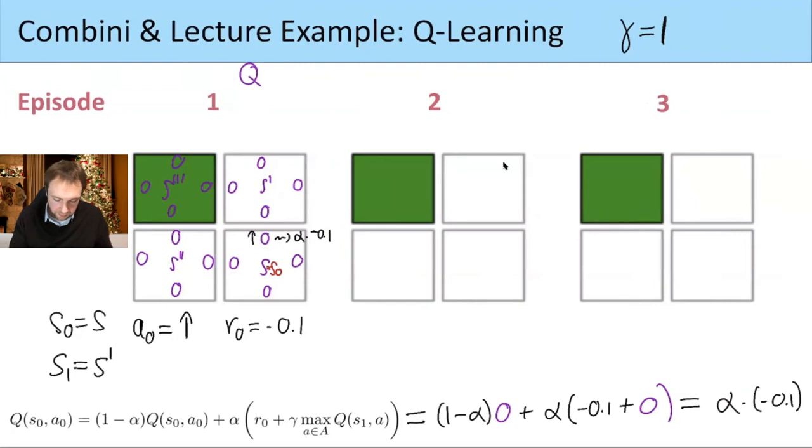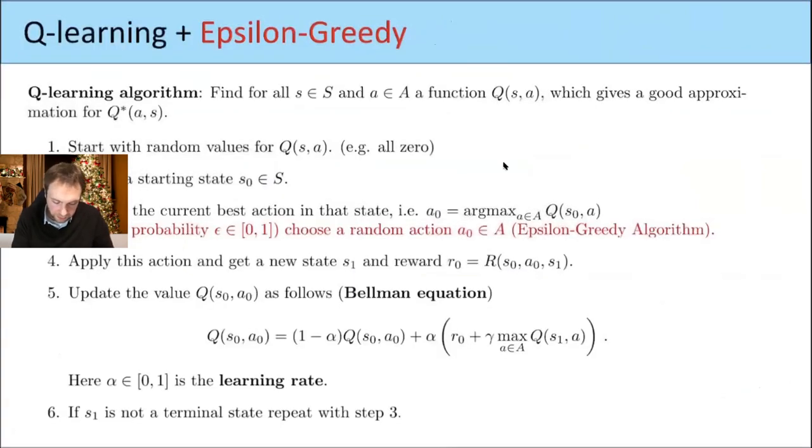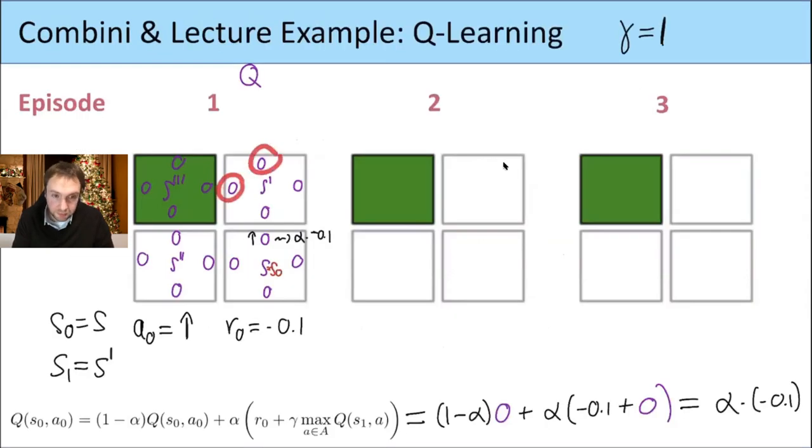And again, we are now again in step 3. So at the current state, we again try to find the maximum value, but still here everything is 0. But let's be lucky and maybe say A1 is this one here. So we go in this direction here.